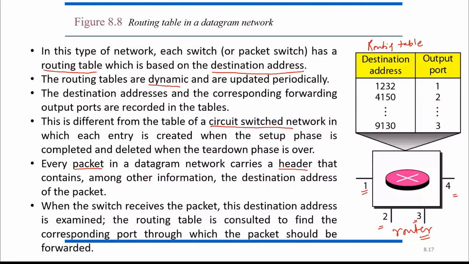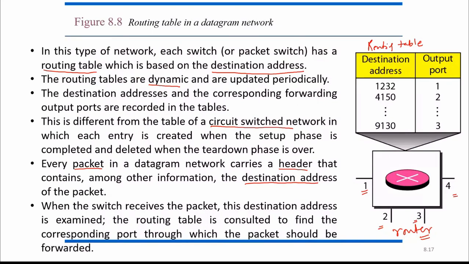Once it goes through a particular router, based on the destination address, the router will switch the packet to a particular port. Suppose the data is coming from port 2, which port it should go to will be decided based on the destination address, which is stored in the routing table.